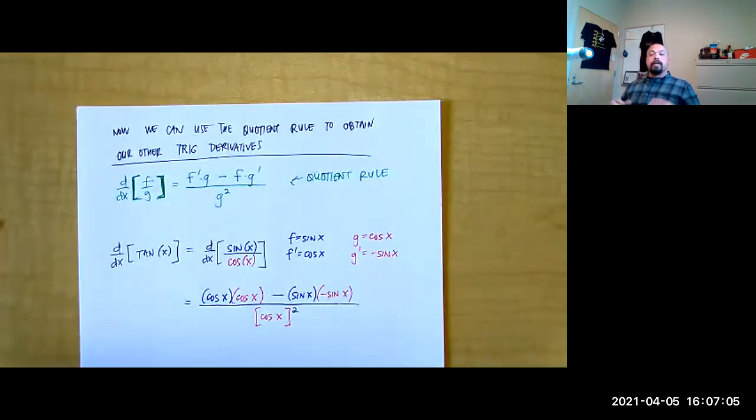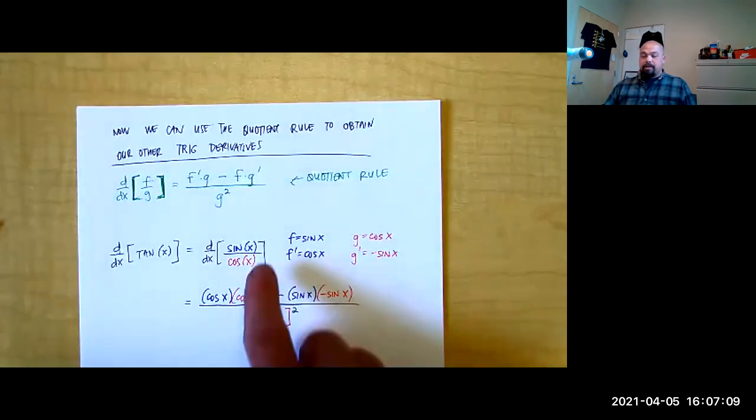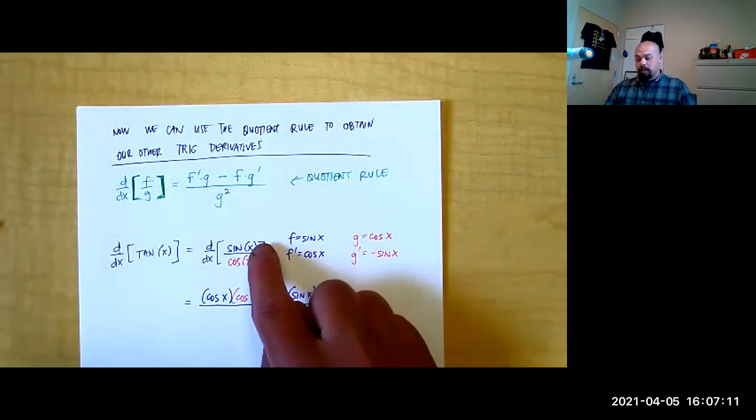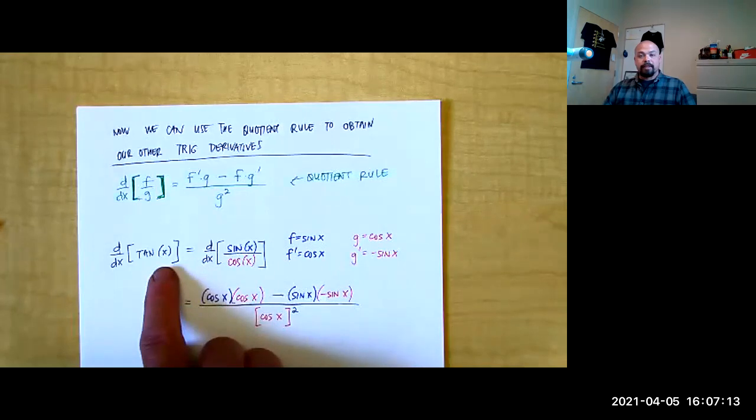Okay, so there's that quotient rule applied to that ratio, that fraction, that quotient of sine over cosine, which was our representation of the tangent.